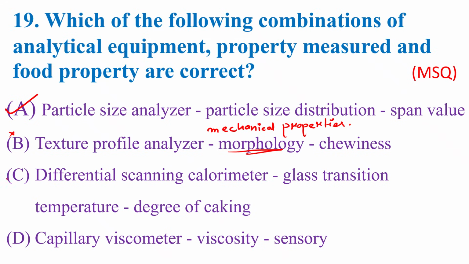So this is correct. Next, option number D, capillary viscometer, viscosity, sensory. So capillary viscometers will measure the viscosity, but sensory properties are evaluated by human panels, not the instruments. So this is incorrect over here. So my correct answer is option number A and option number C.